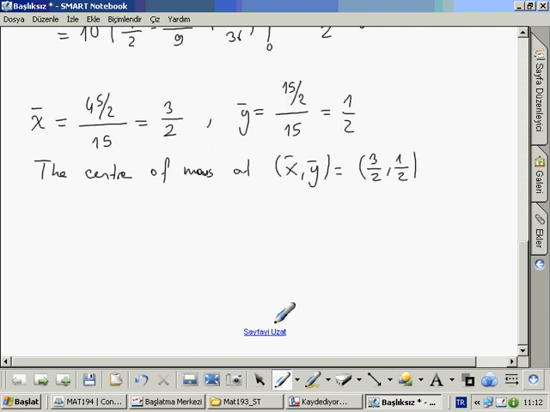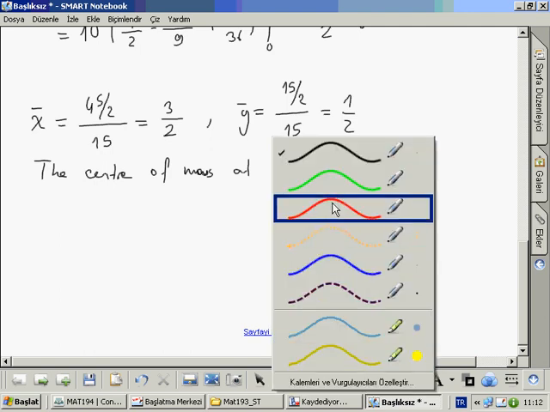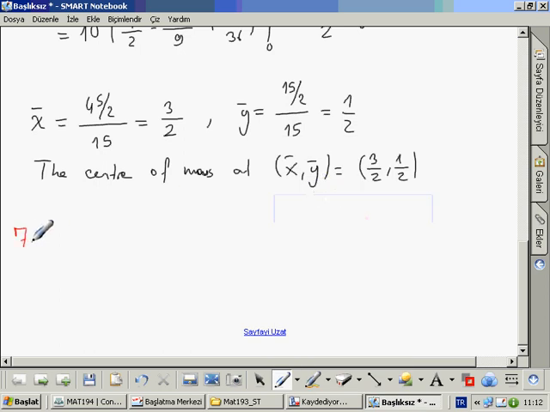and now let's talk about the centroids. The centroid of a standard plane region, we will talk about that.